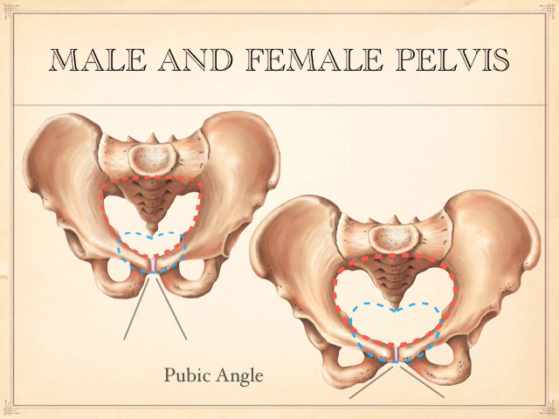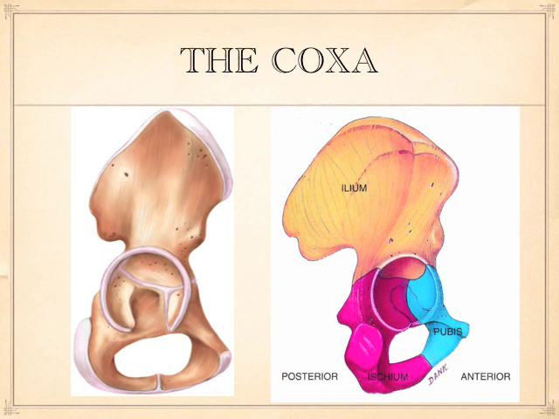You can see that the blue line here represents the pelvic outlet, getting around the features here and around the sacrum there, or the coccyx. It's going to be a little smaller here, typically on a male. Again, there's variety, so you can't always be absolutely sure what you're looking at. But generally, this is true right here. Okay? So, now we're going to look at the coxa.